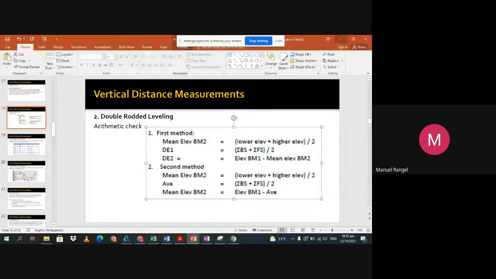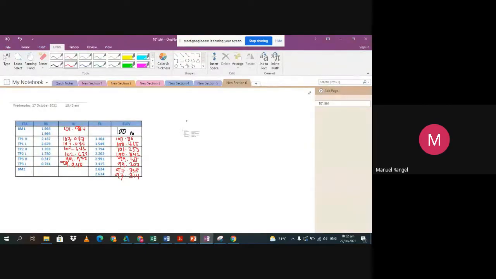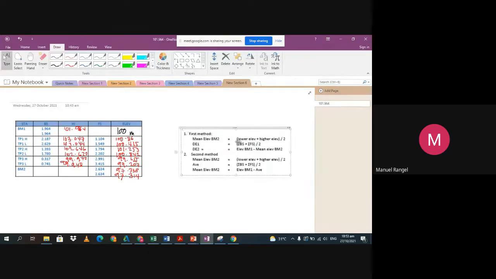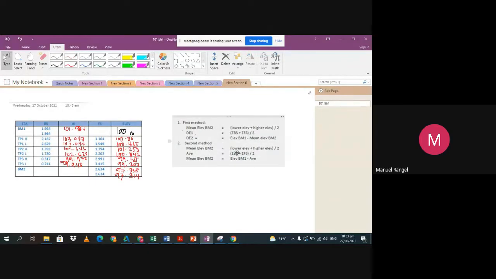So the mean elevation at benchmark 2: 97.338 plus 97.314 divided by 2, that is 97.326.